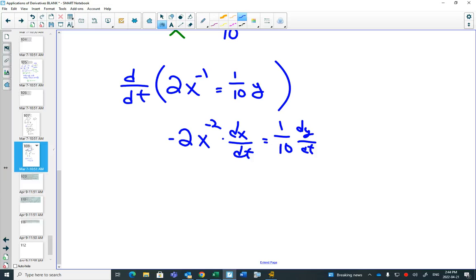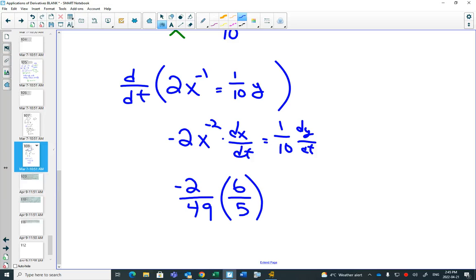We know that dx/dt was 1.2. Are you okay if I change that to a fraction? Negative 2, I'm going to change the x squared to be on the bottom. x is 7, so that would be 49 on the bottom. dx/dt was 1.2.